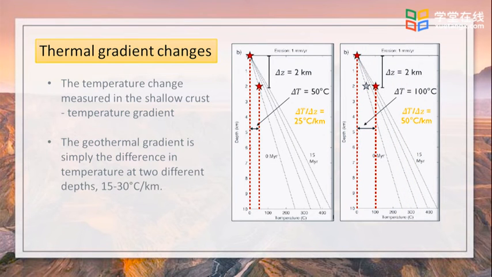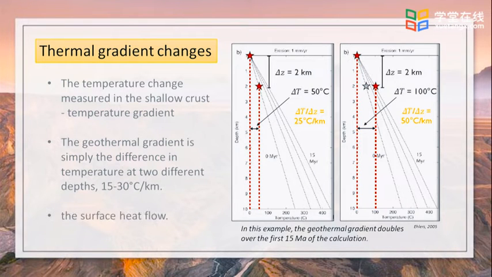In this example, the geothermal gradient doubled over the first 15 million years of the calculation. Multiplying the geothermal gradient by the rock thermal conductivity will give us the surface heat flow.